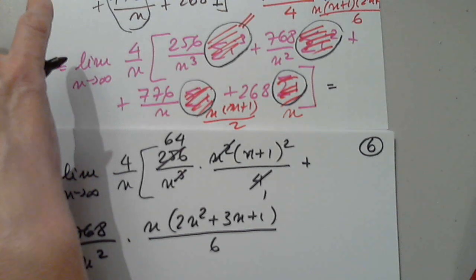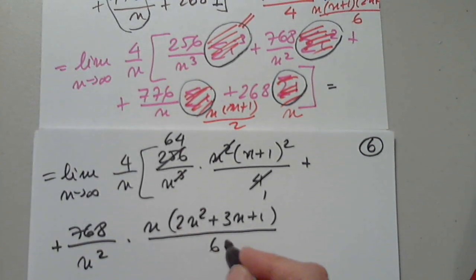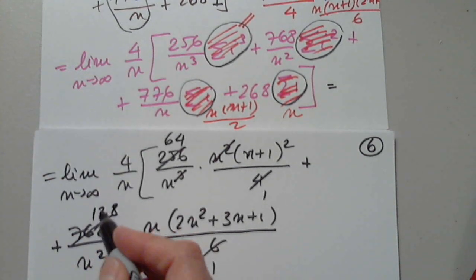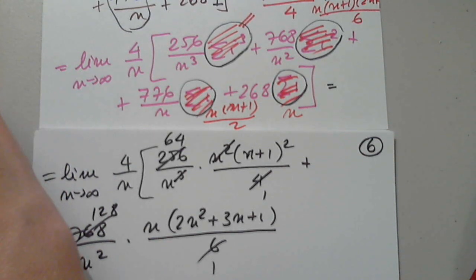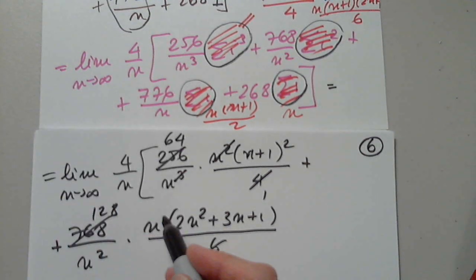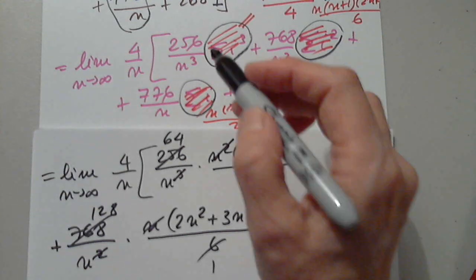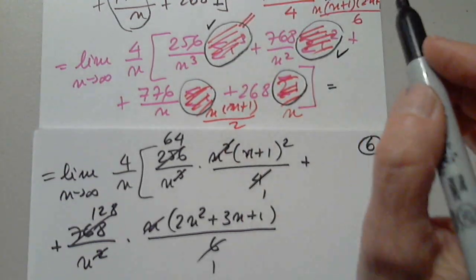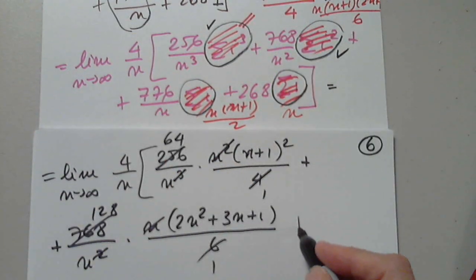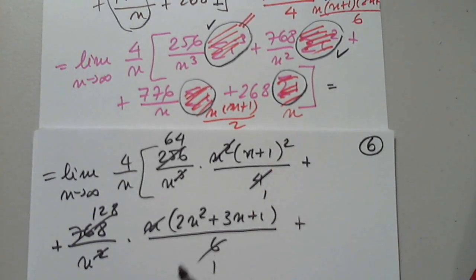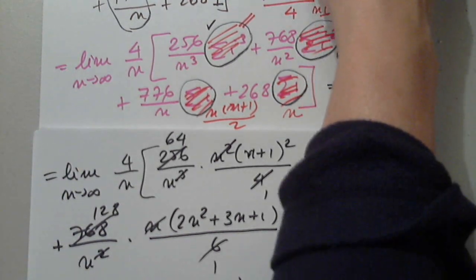Everything over 6. Can I divide 768 by 6? I doubt. Oh, awesome! 128. And 1 n goes away. So I'm done so far with this, and I'm done with this, but now I'm here. Plus 776 divided by n times n plus 1 divided by 2.